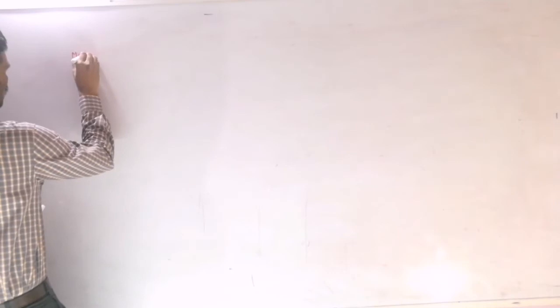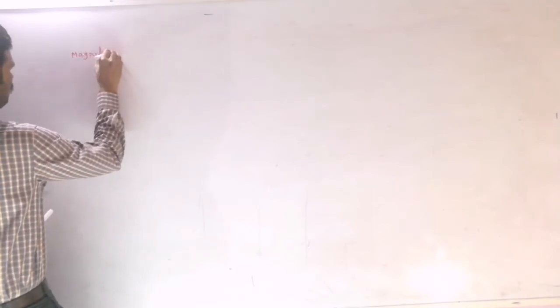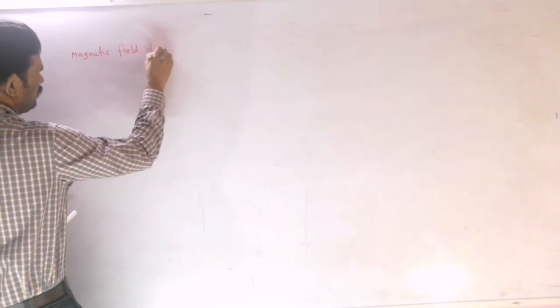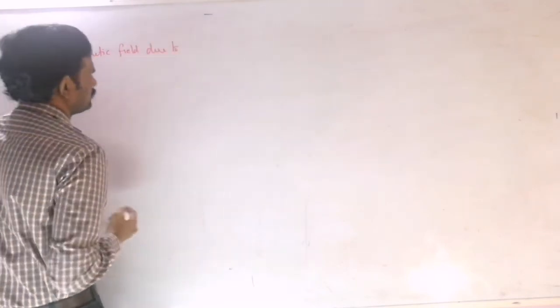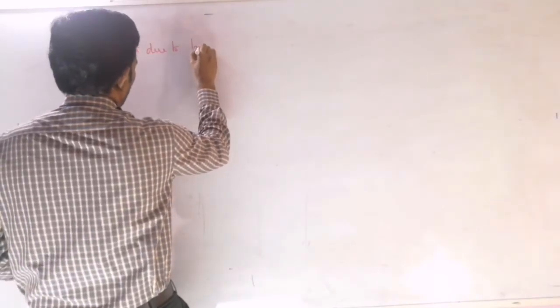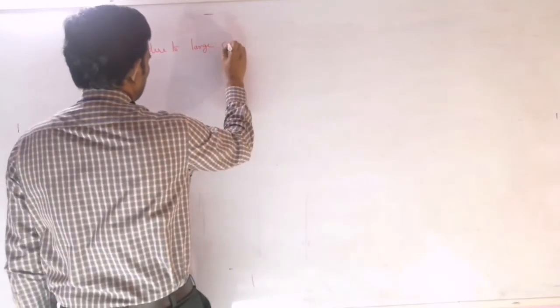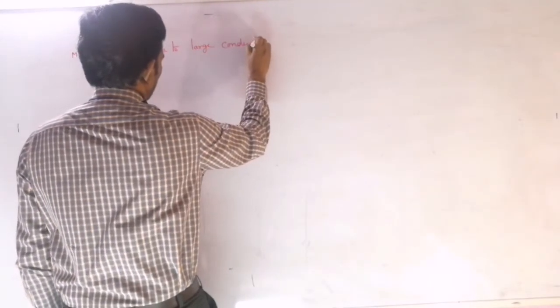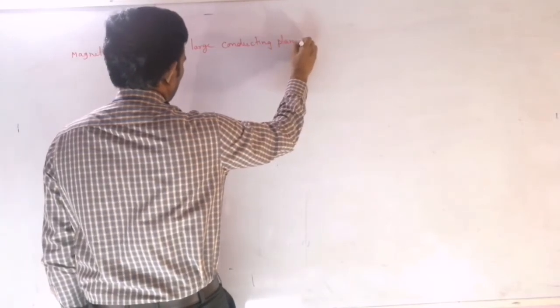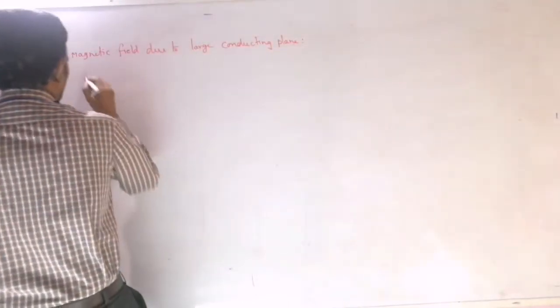So this is the magnetic field due to a large conducting plane, right?